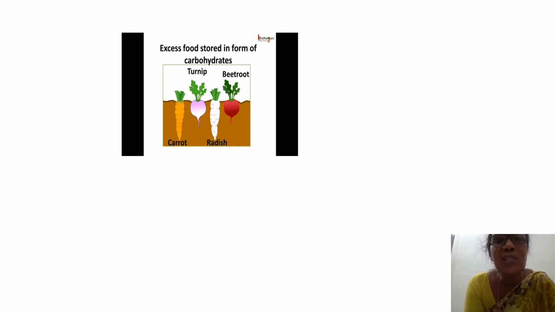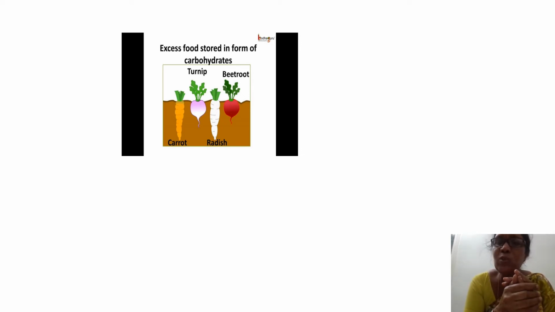Likewise, look at turnip. In turnip also, the root is bulged, swollen. Look at radish, mullangi. There also food is stored. We use radish in preparing sambar. Beetroot.